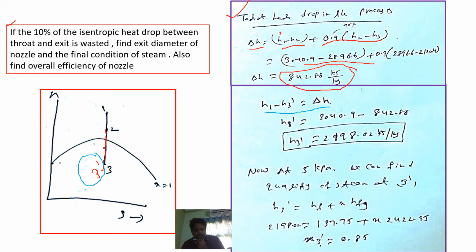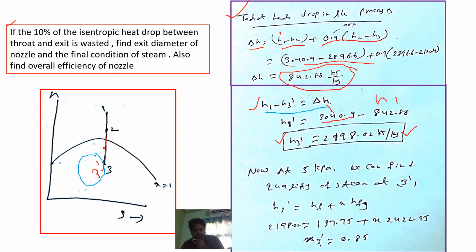So from this we can find H3 dash, that is H1, 3040.9, minus delta H, 842.88. So H3 dash is 2198.02 kilojoule per kg. So we have calculated the enthalpy at 3 dash.